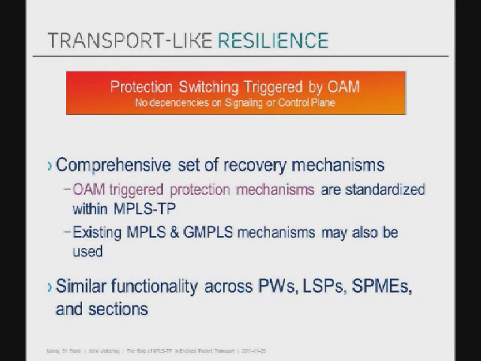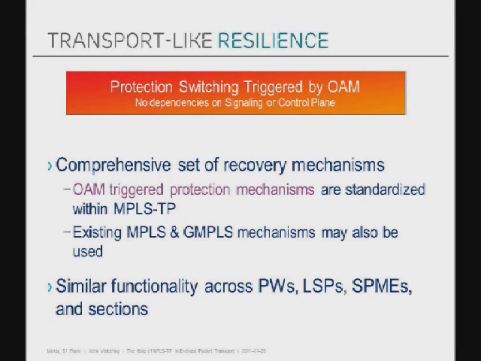So the protection switching, as mentioned, we are sending OAM packets between the two endpoints in order to figure out whether the endpoint is still there. If the endpoint is no longer receiving the OAM request, then the protection switching or the restoration capabilities can be triggered.